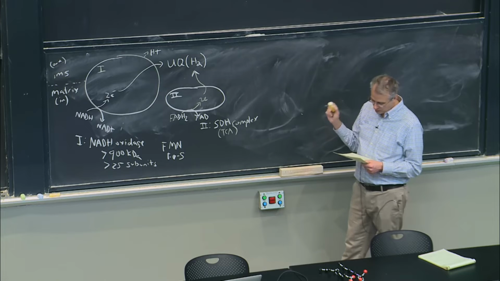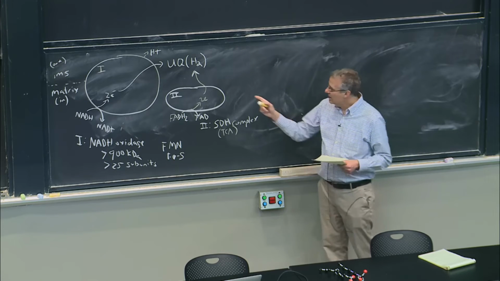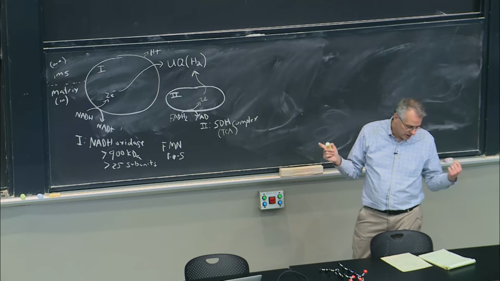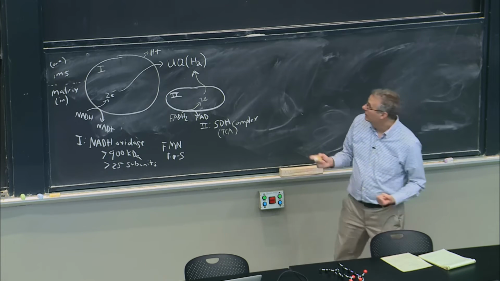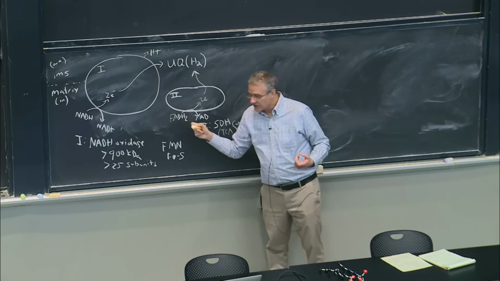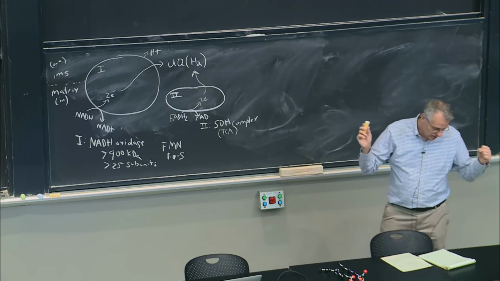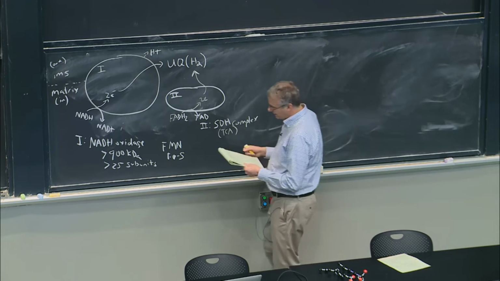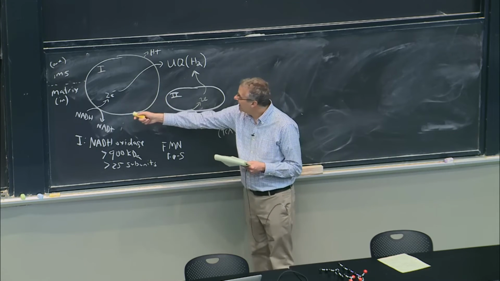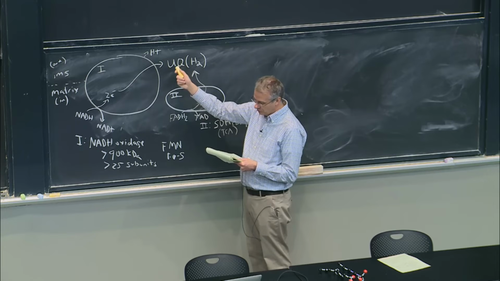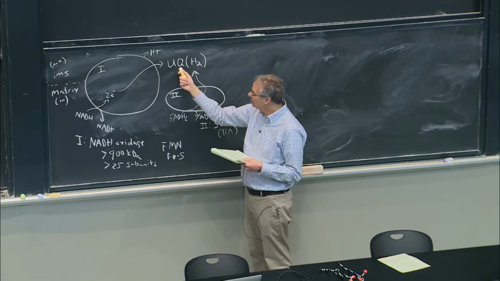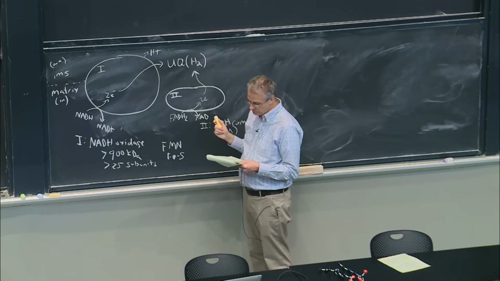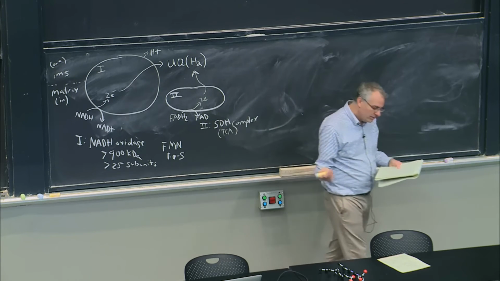So I want to point out that this ultimately, you will see, is why it is that electron transfer from NADH and FADH2 has different energy yields. And so the electron transfer from NADH to ubiquinone is more of a change in standard reduction potential than from FADH2 to ubiquinone. Why use FADH2?